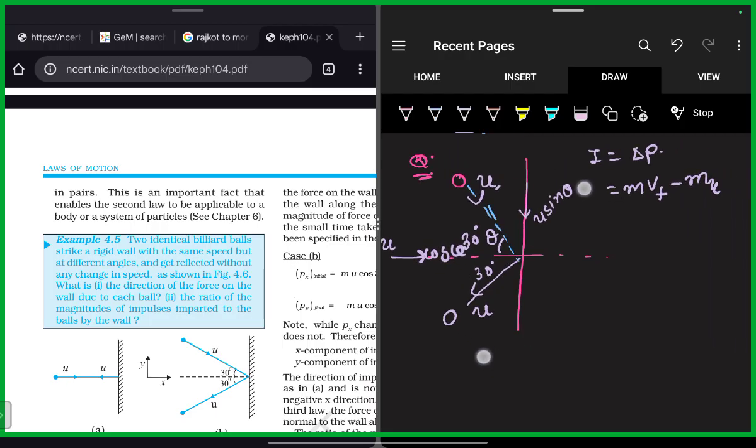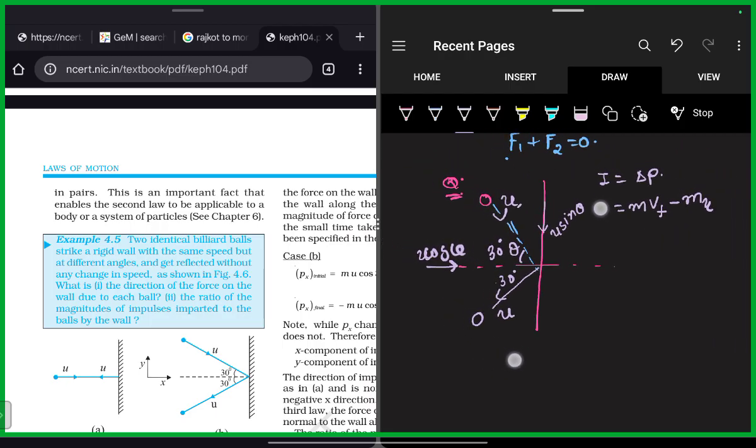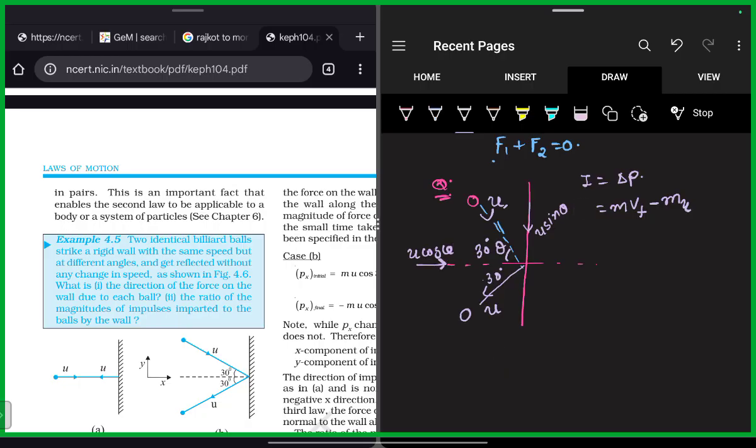The initial momentum is given by mu cos theta in i cap direction minus mu sin theta in j cap direction.